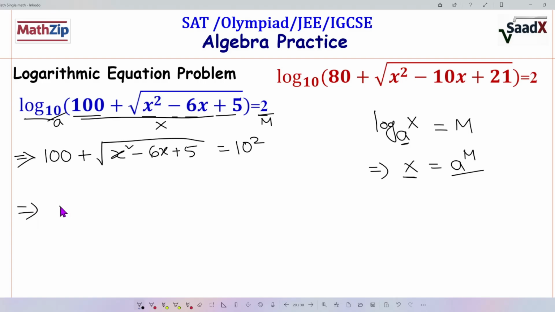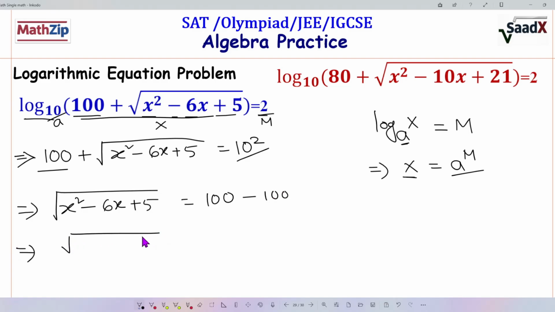Now root over x square minus 6x plus 5 equals 10 square, which means 100, and here is plus 100, so it will become minus 100.